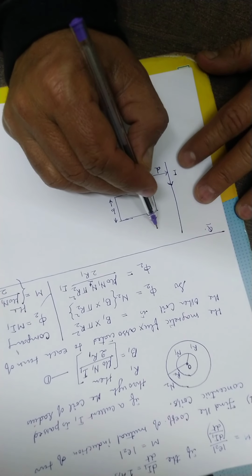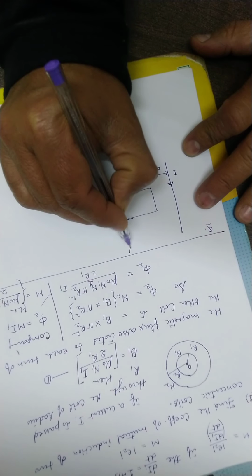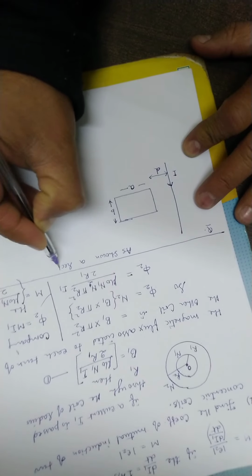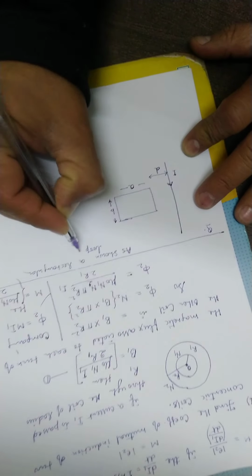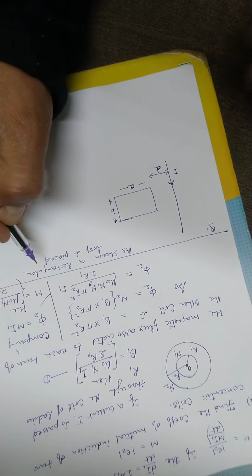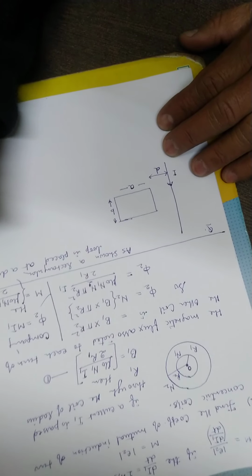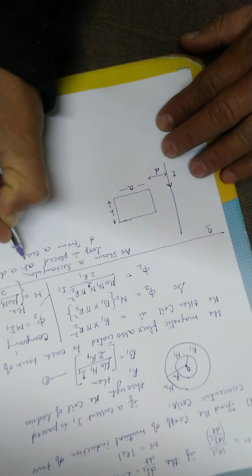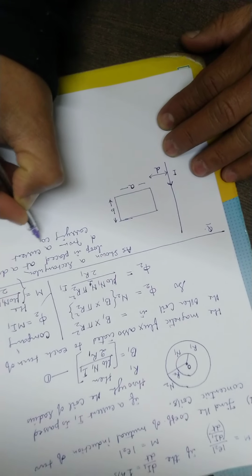So I can frame the question like this: as shown, a rectangular loop is placed at a distance D from a current carrying conductor.